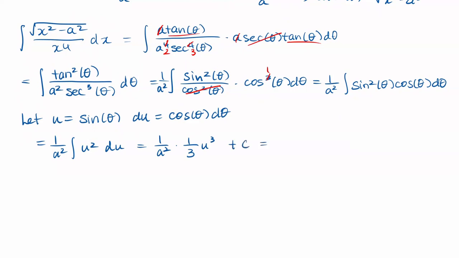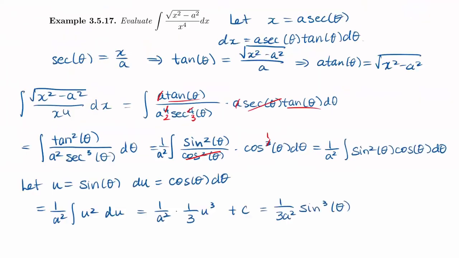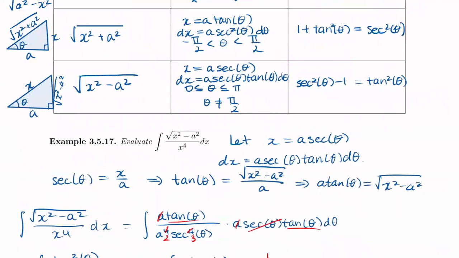So that becomes 1 divided by 3a squared. And the u, if we put that back in, becomes sine cubed theta. According to our right angle triangle, sine is defined as the opposite divided by the hypotenuse.